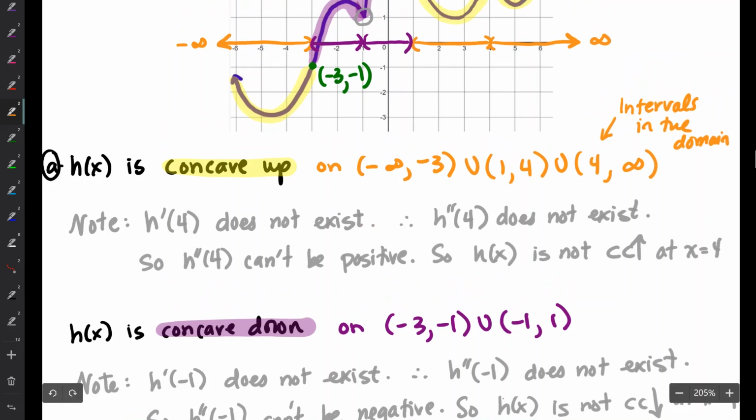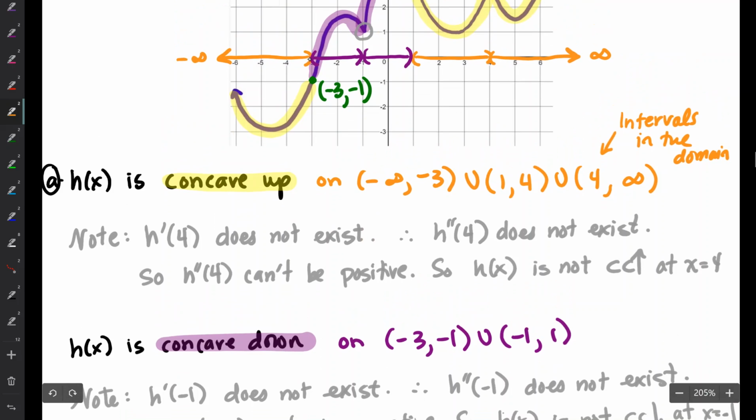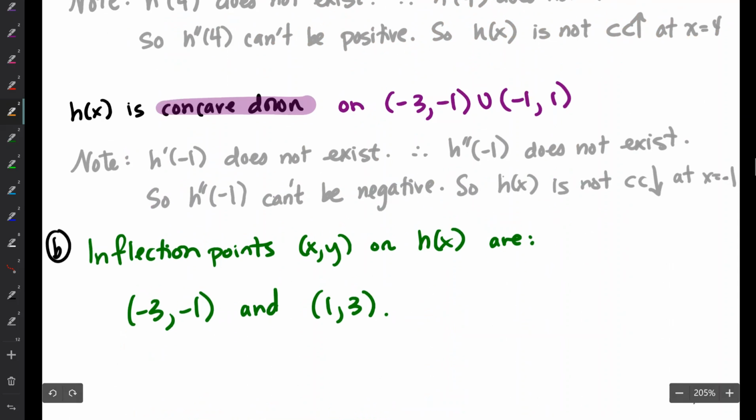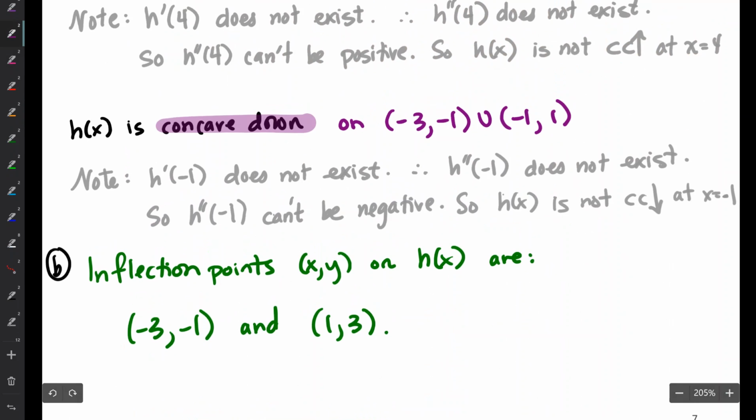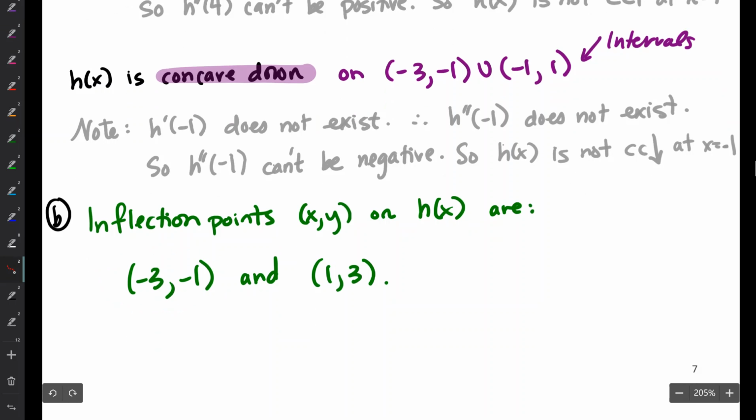They're describing all x values strictly less than -3, and all x values strictly between 1 and 4, and all x values strictly bigger than 4. That's what those are, right? Same thing here, intervals. Whereas here, these are coordinates x comma y. All right, and we are done.